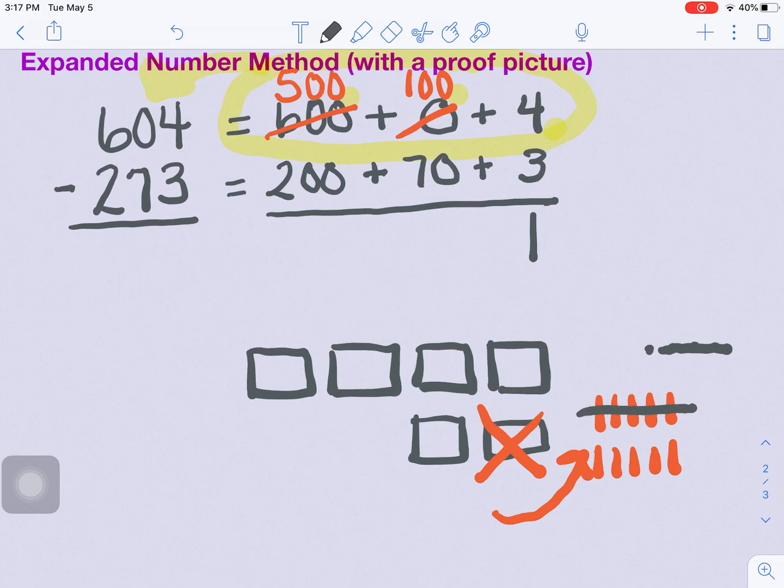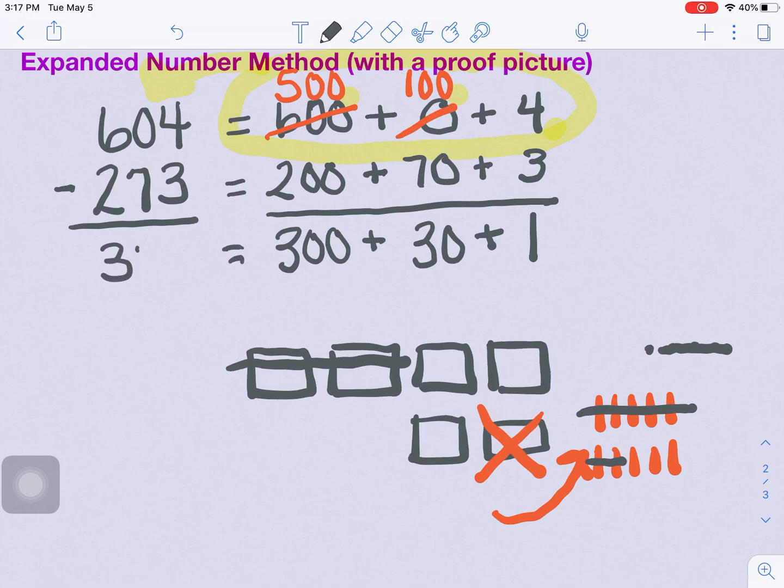So I take off 5 and then 2 more, and now I have 3 tens, or 30. Lastly, I take away my 2 hundreds, and I still have 3 hundreds there.